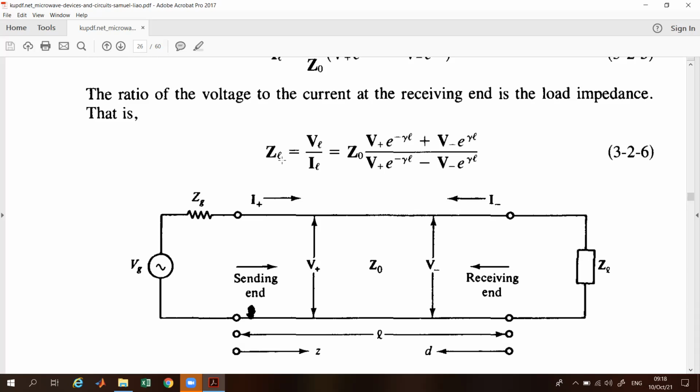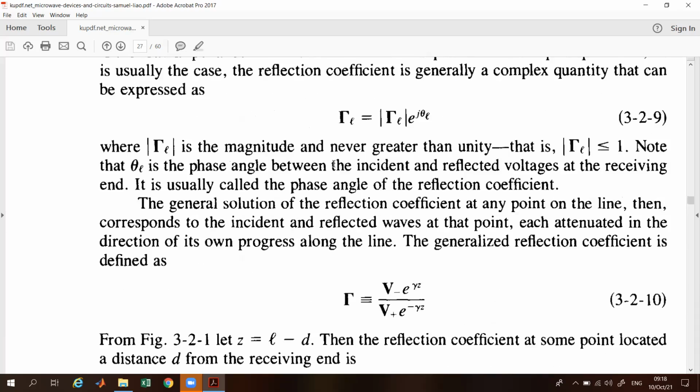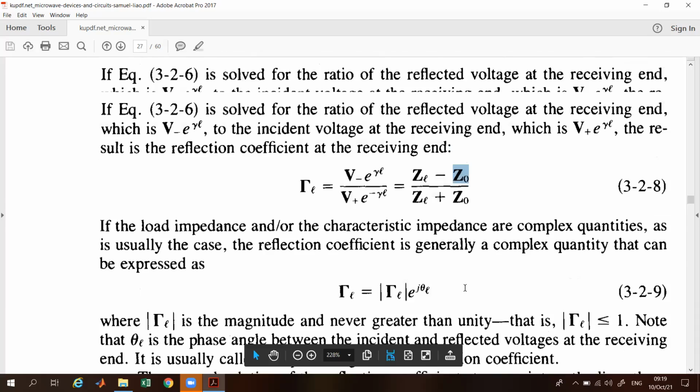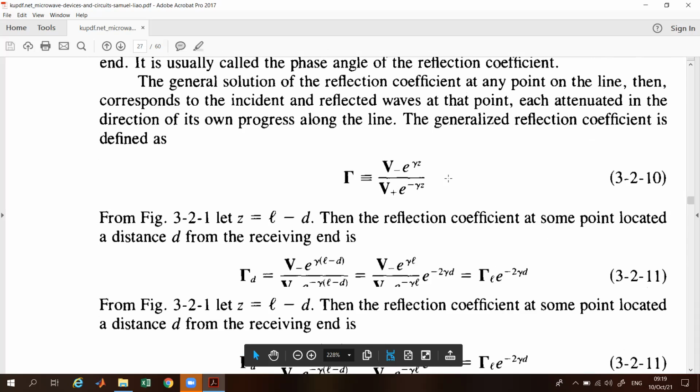Then you find another equation by writing ZL divided by Z naught minus 1, and you will have twice V minus e raised to the power gamma L, and the other terms will be cancelled out. Then you divide both equations, and you will find that the answer comes in this form.